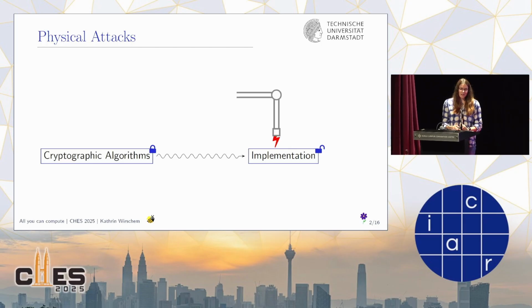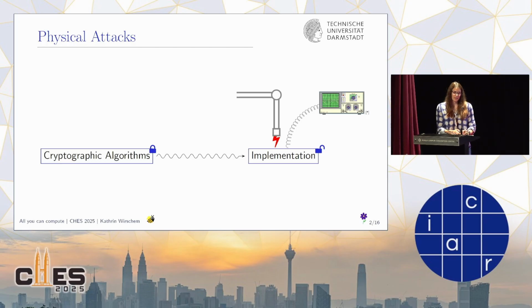On the other hand, we can have active attacks, where an adversary can inject, for example, electromagnetic pulses to change the values of the underlying calculation in the device. We consider both at the same time, which is then called combined attacks.